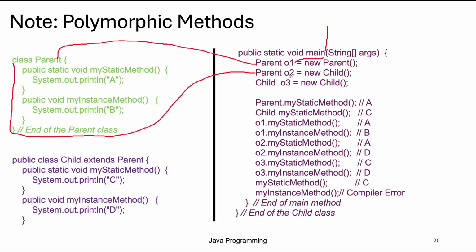In the second line, you can see that for parent object O2, we are creating the object of the child. So because we are creating the object for child here, the compiler comes down.